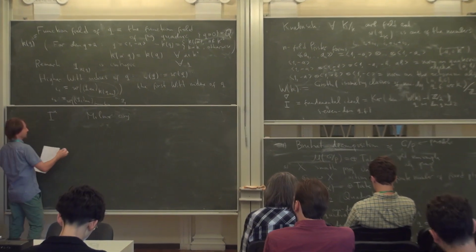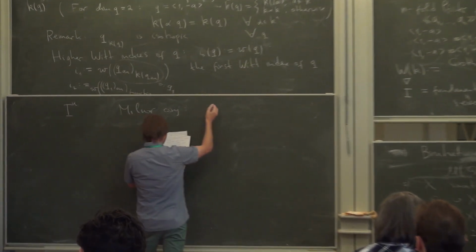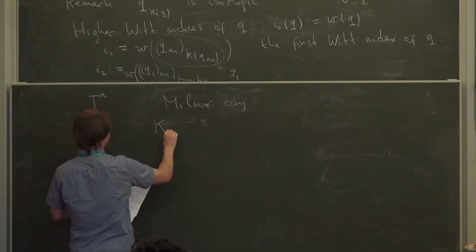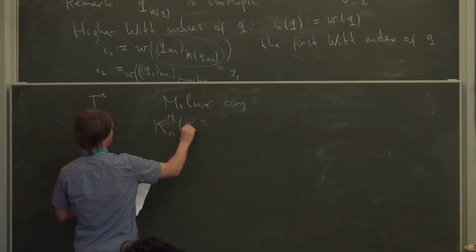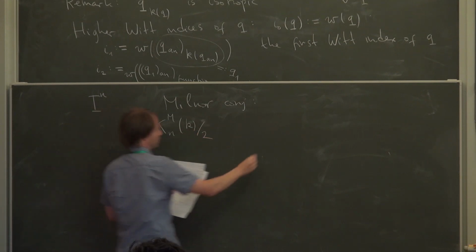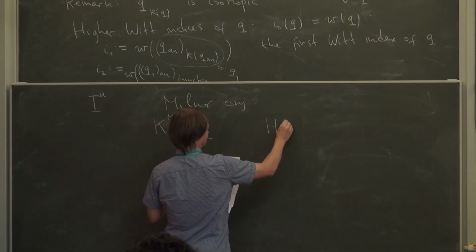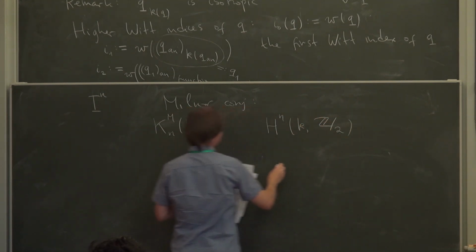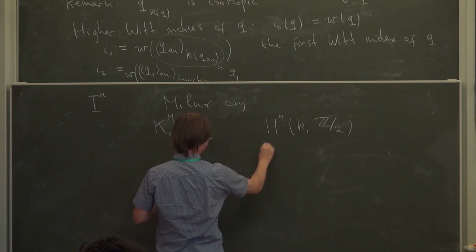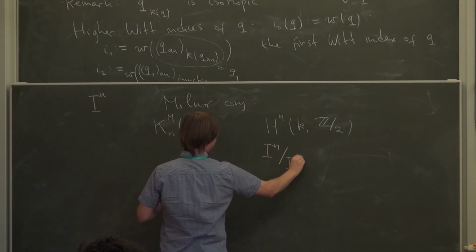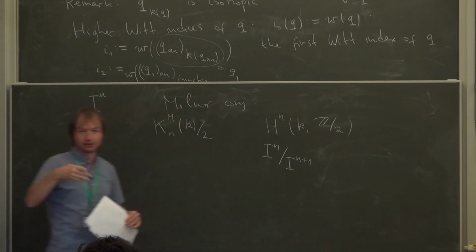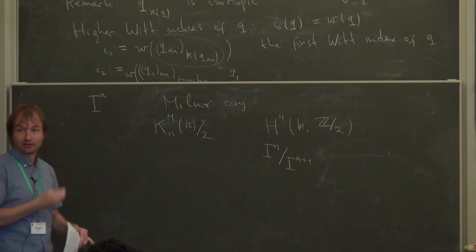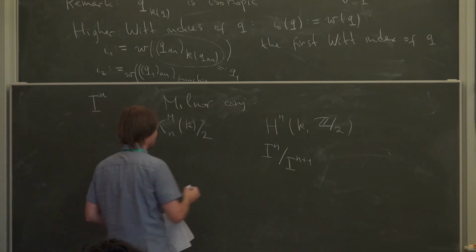Namely, we have the Milnor K theory modulo 2, we have Galois cohomology, and we have also these factors, this graded Witt ring, and the Milnor conjecture says all of these are isomorphic.